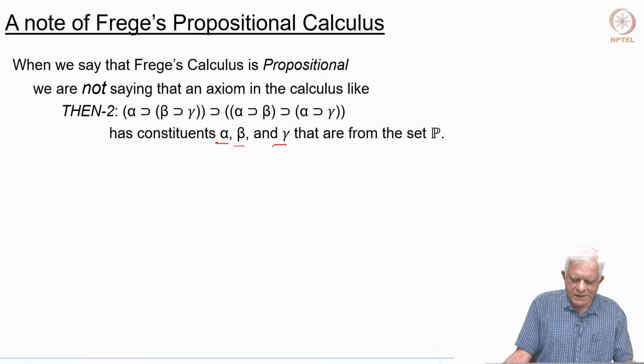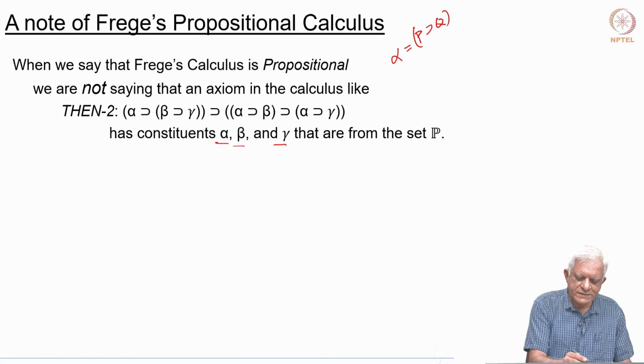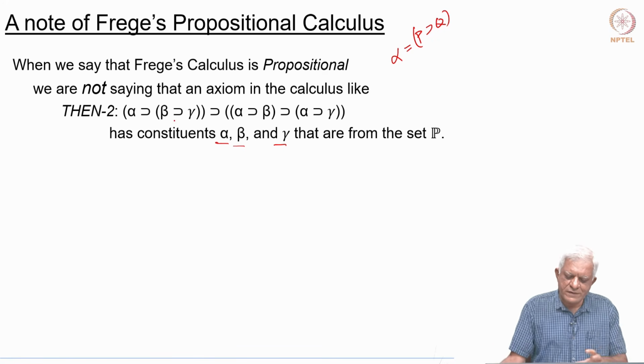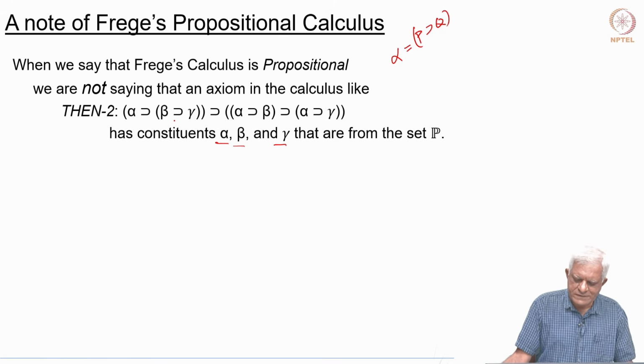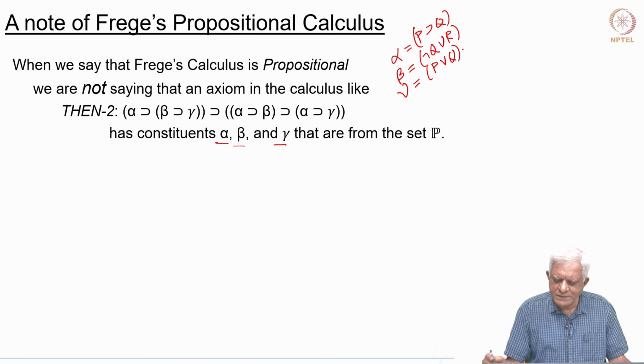You plug in anything for alpha and anything for beta, and for example, you can say that alpha is equal to P implies Q. That is perfectly valid, it is allowed. Then beta could be something else, for example, beta is equal to not Q or R, and gamma equal to P or Q. I have just written some random statements here.